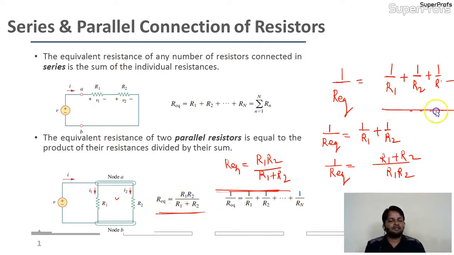And this is the original formula, 1 by R1 plus 1 by R2. Here the series is the summation of impedances, and this is the summation of the admittances. Is it okay to you people? It is so simple. That's why we are not going deep and not deriving how this formula comes.